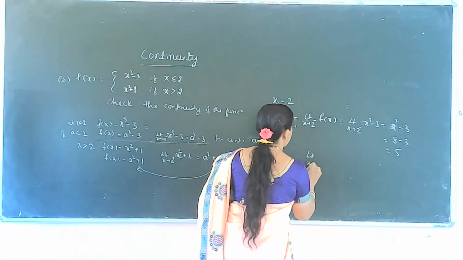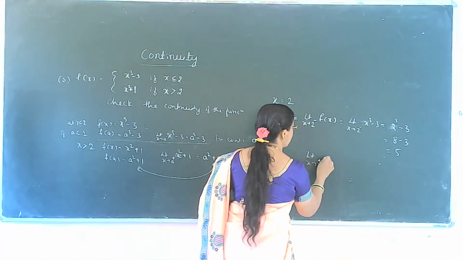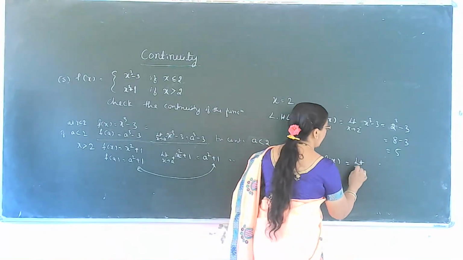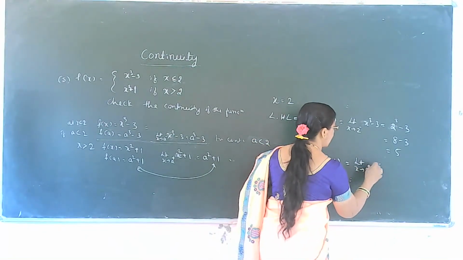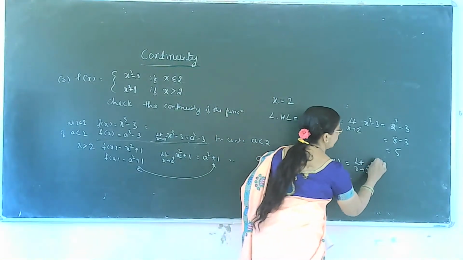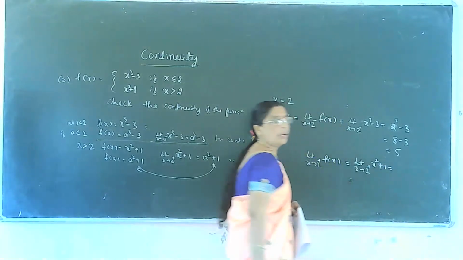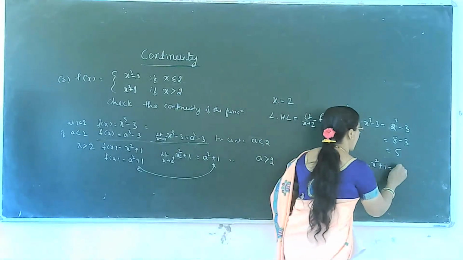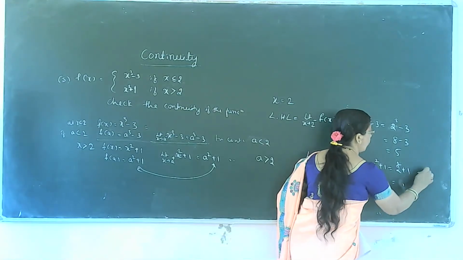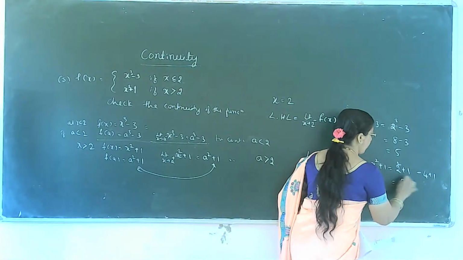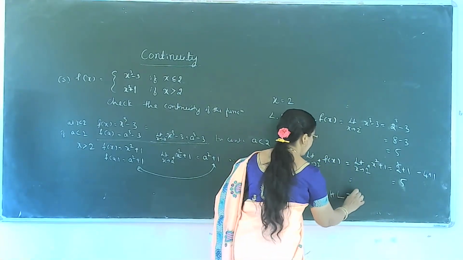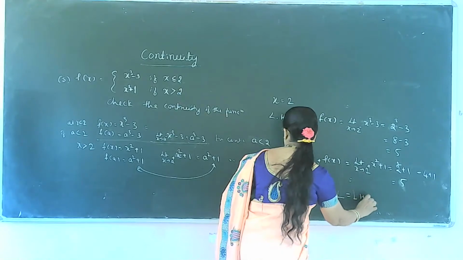Then the limit as x tends to 2 plus of f of x is equal to the limit as x tends to 2 plus of x square plus 1, which is equal to 2 square plus 1, which is equal to 4 plus 1, which is equal to 5. Here RHL is equal to LHL.